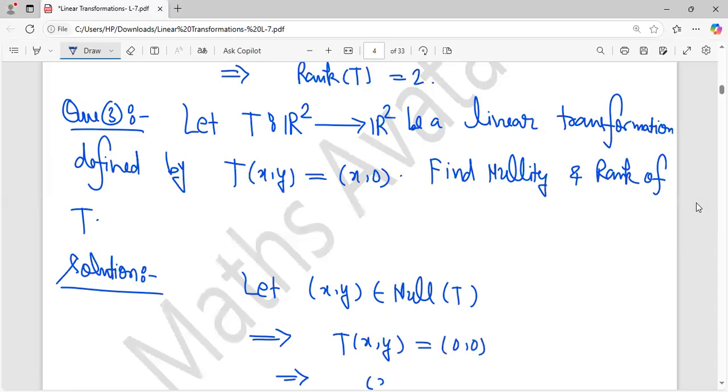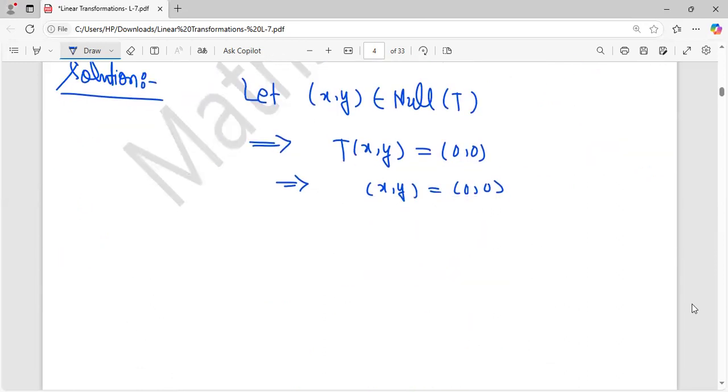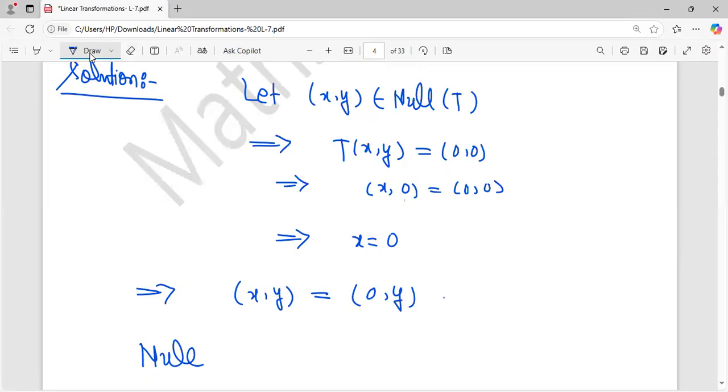It means (x, 0) is equal to (0, 0). So this implies x is equal to 0. This implies (x, y) is equal to (0, y).